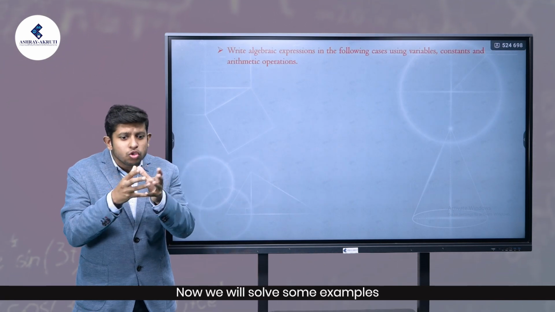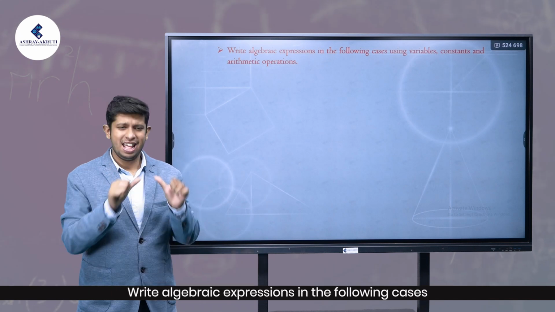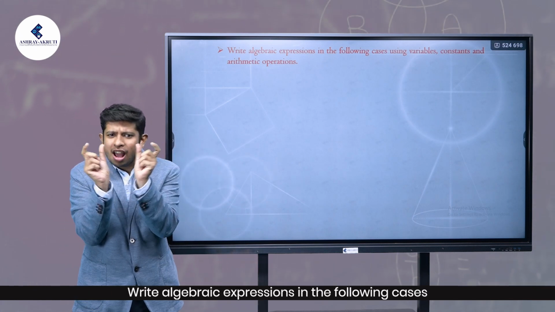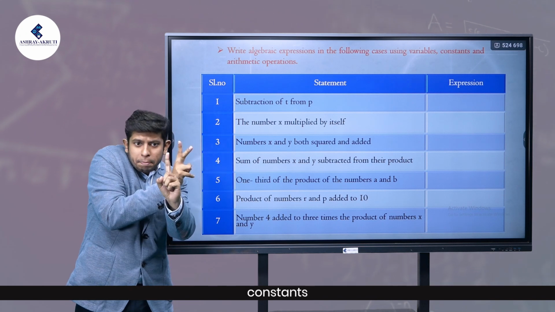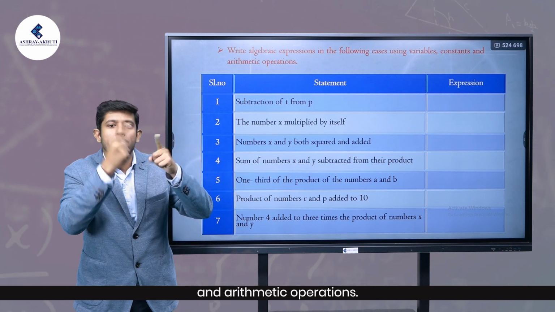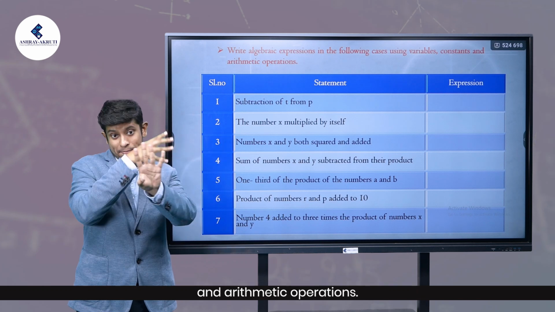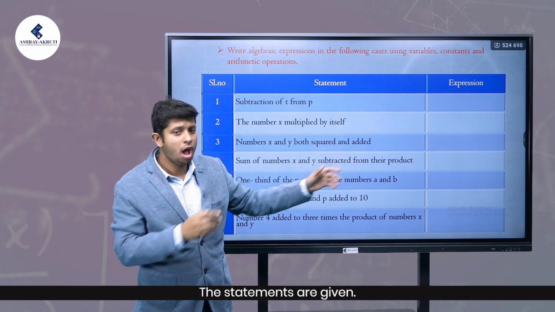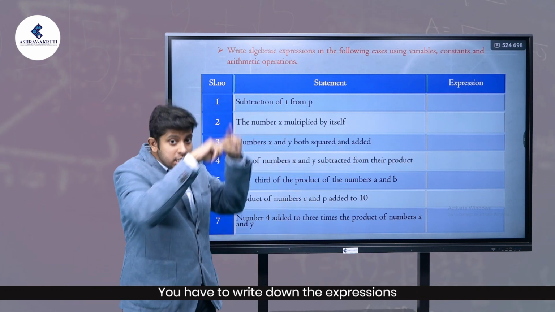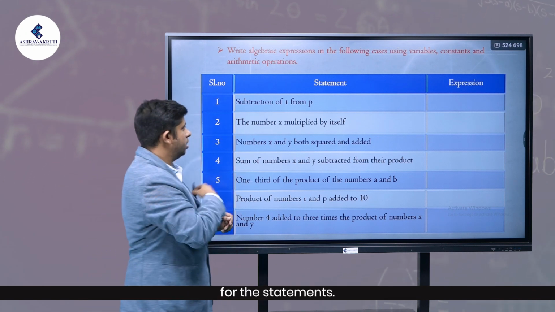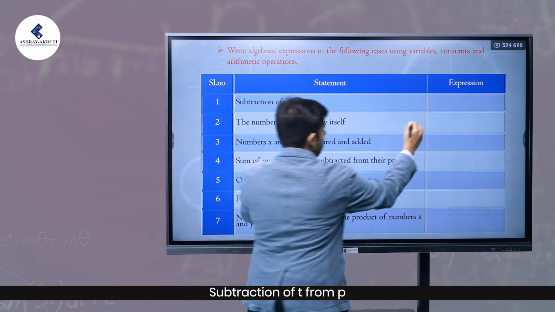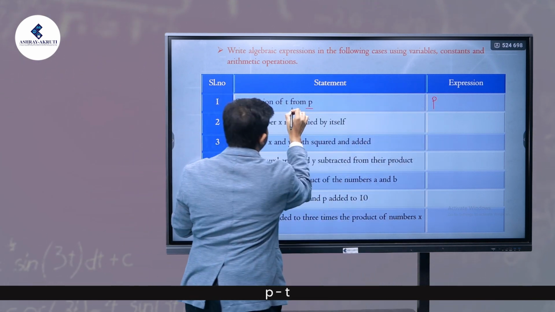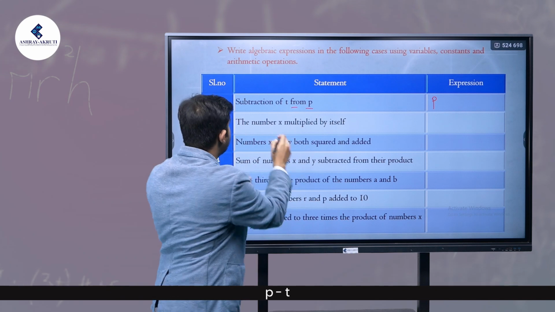Now we will solve some examples. Write algebraic expressions in the following cases using variables, constants, and arithmetic operations. The statements are given. We have to write down the expressions for the statements. The first statement is subtraction of t from p. p minus t.